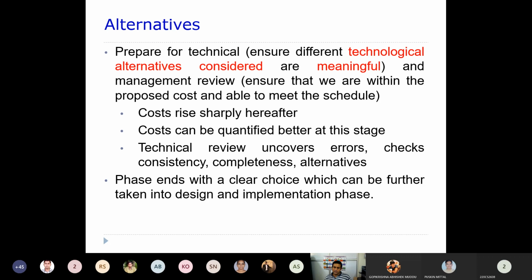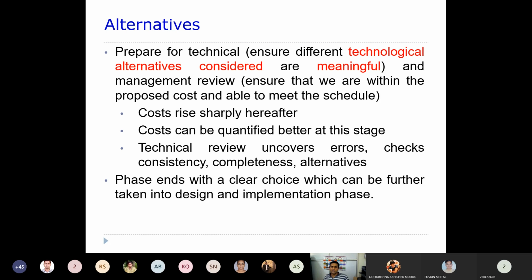Okay, and the phase ends with a clear choice which can be further taken into the design and implementation phase. So by the end of this particular phase, there should be a clear recommendation, or the choice that should come, that we need to go with this alternative because it is falling within the proposed cost.